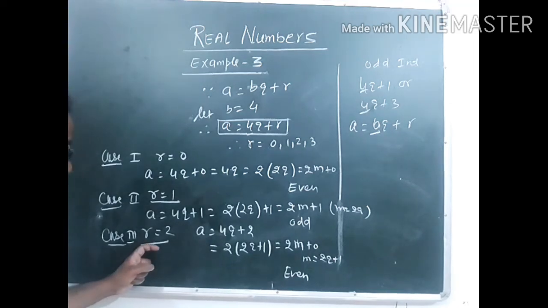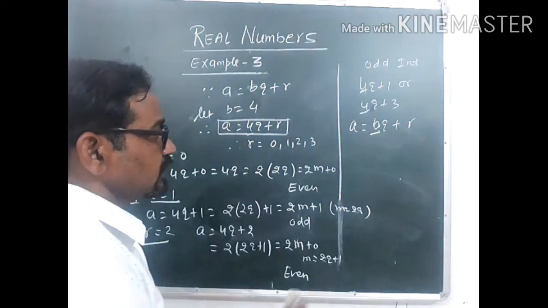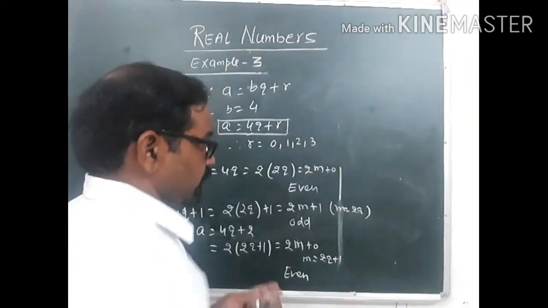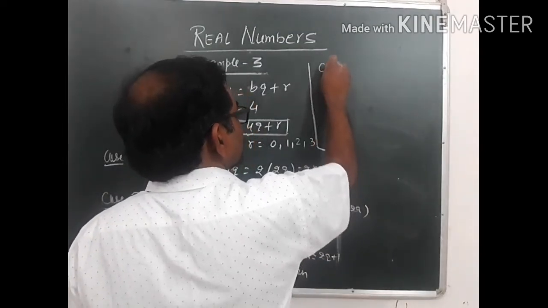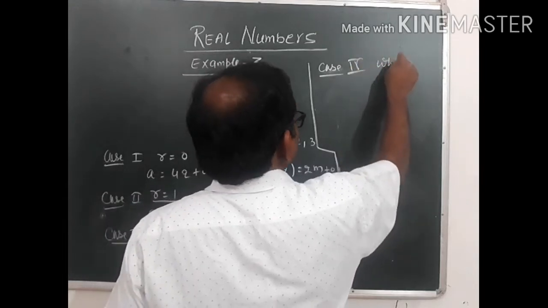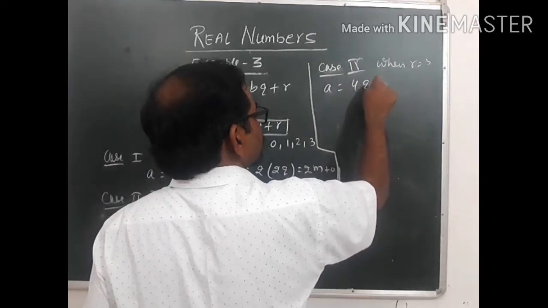Now the last case, when r equals 3. Case 4. When r equals 3, therefore a equals 4q plus 3.